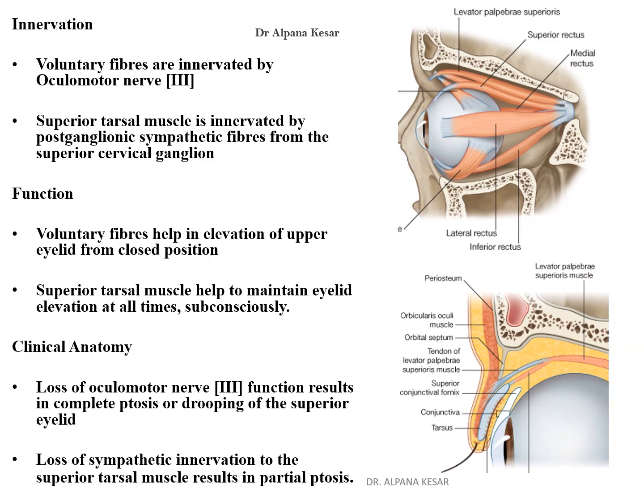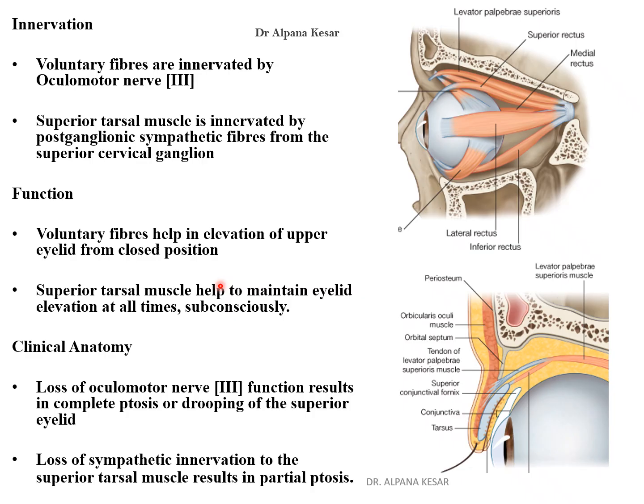Innervation or nerve supply. The voluntary fibers are innervated by the oculomotor nerve, which is the third cranial nerve. However, the superior tarsal muscle, which is involuntary, is innervated by postganglionic sympathetic fibers from the superior cervical ganglion. The function of levator palpebrae superioris: its voluntary fibers help in conscious elevation of the upper eyelid.